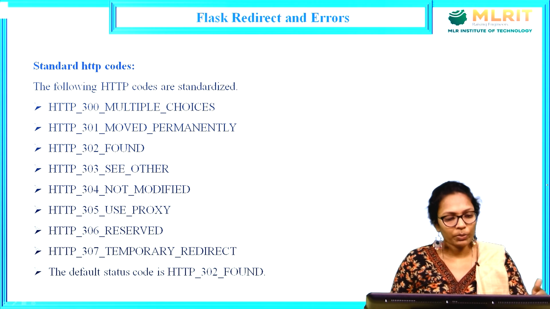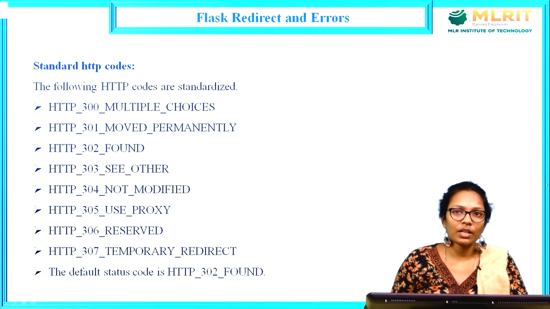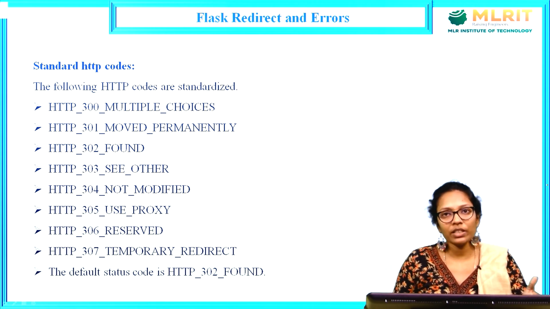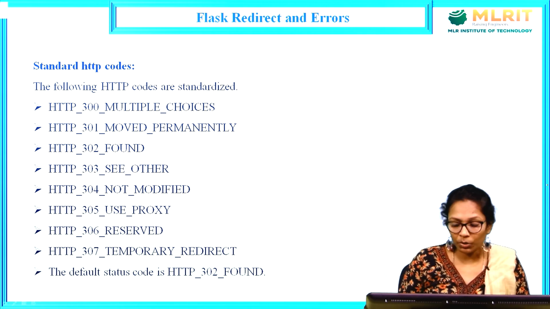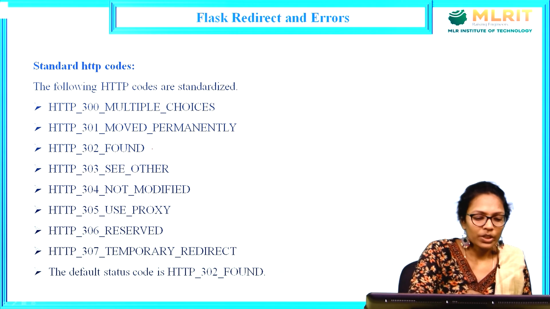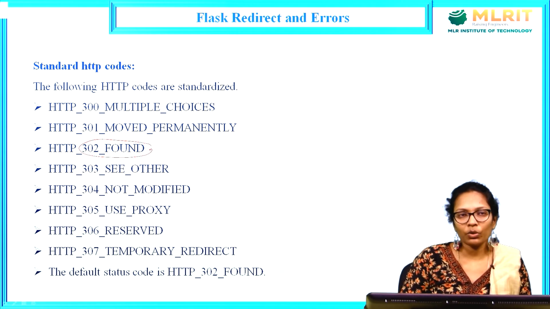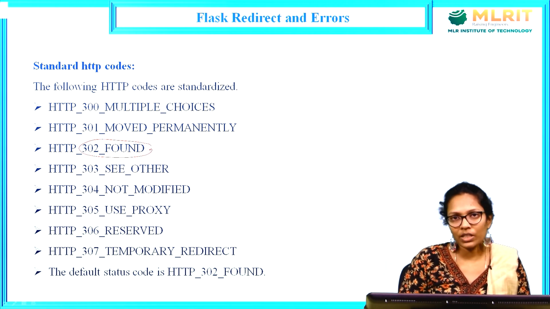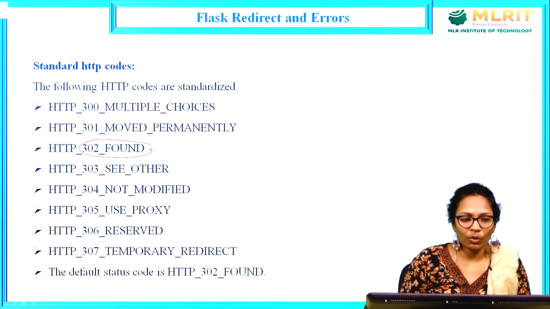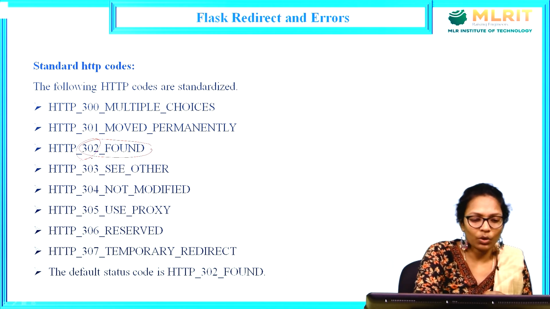Next, before going to the errors, we discussed that we have HTTP codes. For each and every response, there will be some HTTP code associated. Here are some HTTP codes we have. Generally, we will get 302 as the default HTTP code, which is found, if you are searching for something or executing something, and it is successful. Then you will get the code 302.